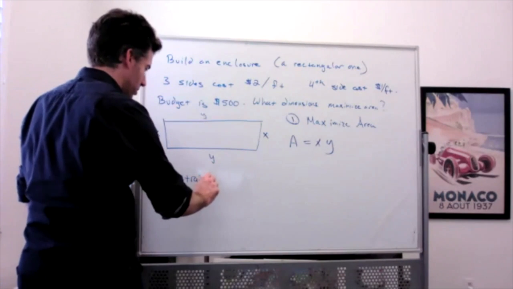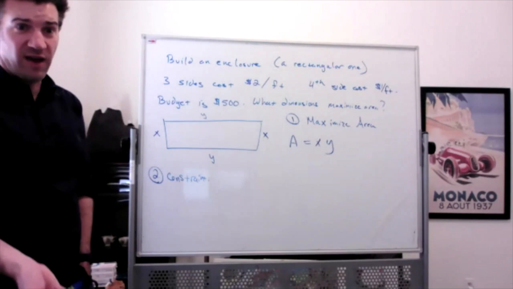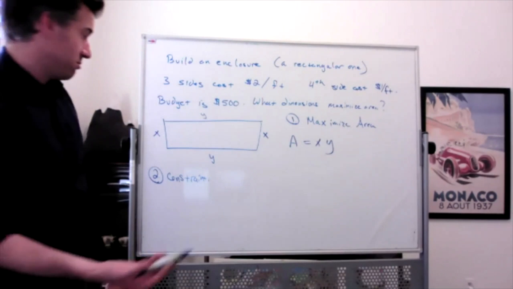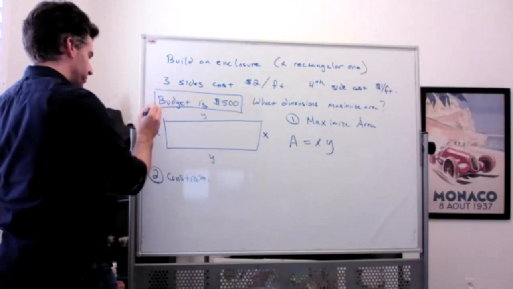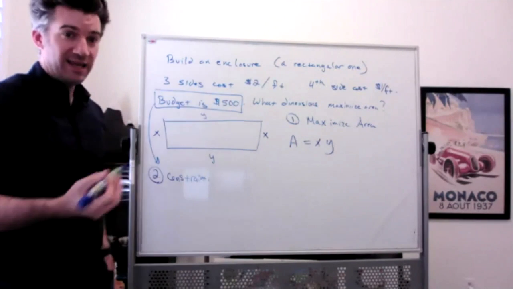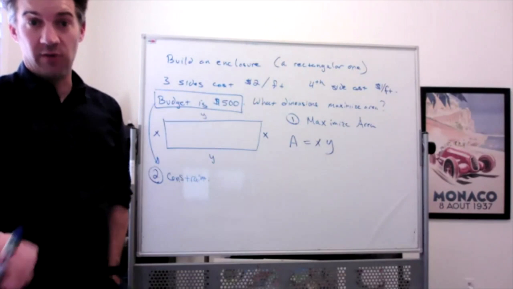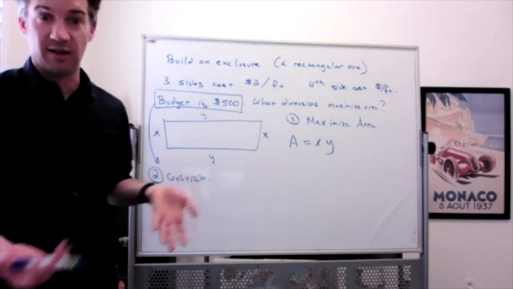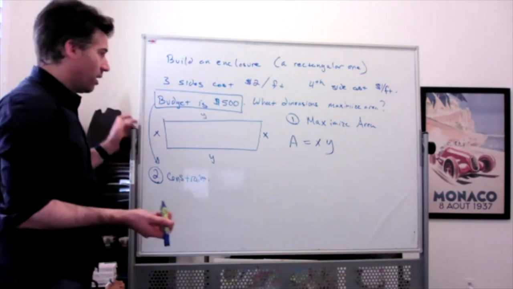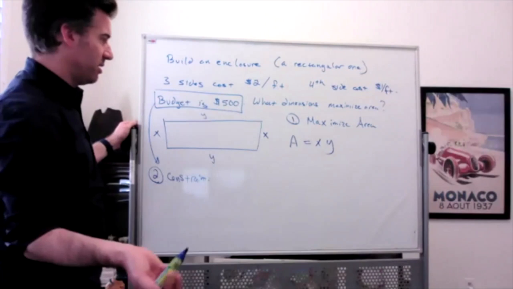And here, the constraint is that we only have $500 to spend. Our constraint is budget $500. But we need to take that constraint and actually make an equation out of it. We need to be able to solve for X or Y and put it back into the other equation. So we have to decide which sides cost which.